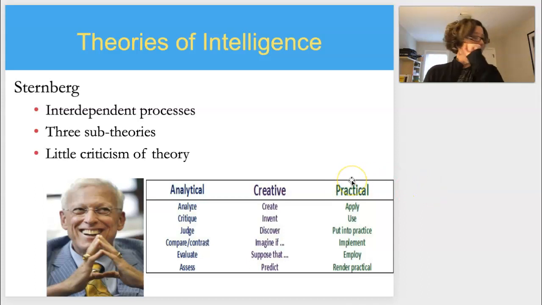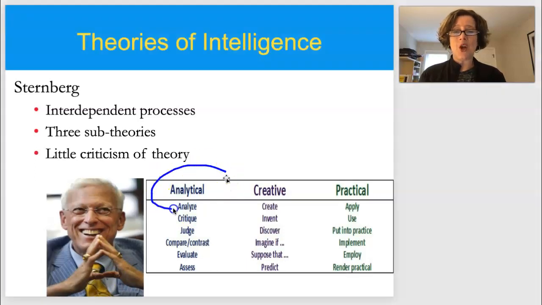Okay. He notes on many occasions, and in a lot of his writing, that what most IQ tests and standardized tests measure is only the analytical component of intelligence. Those kind of standardized tests where you fill in the bubble don't actually take into account all three.